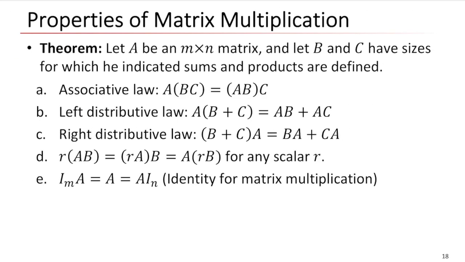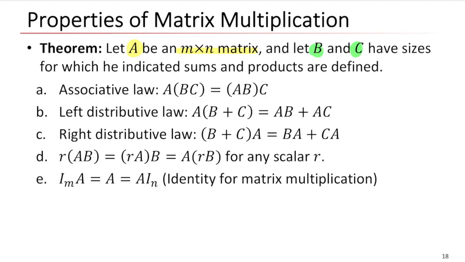Okay, so we have talked about matrix multiplication. Then let's find the properties of matrix multiplication. First of all, let's say there is a matrix A with size m by n, and matrices B and C have the same size as each other.